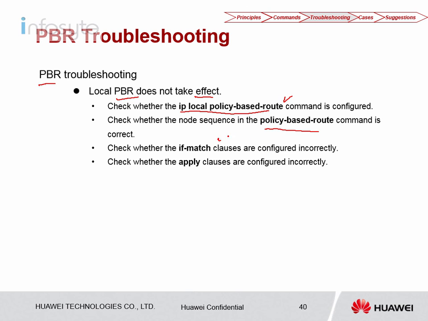Make sure you have configured your matching condition and apply condition, which is apply ip-address next-hop. Double check this, and finally do a display ip policy-based-route to check that your configuration is correct, as well as the statistics. So this is the troubleshooting for both route policy and policy based route.